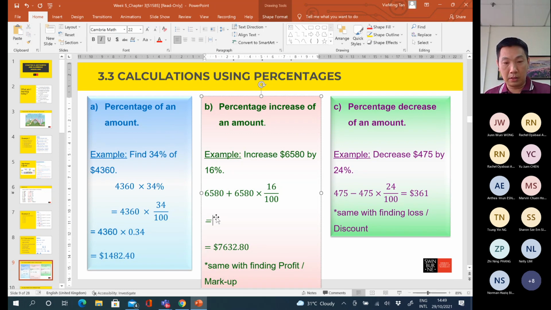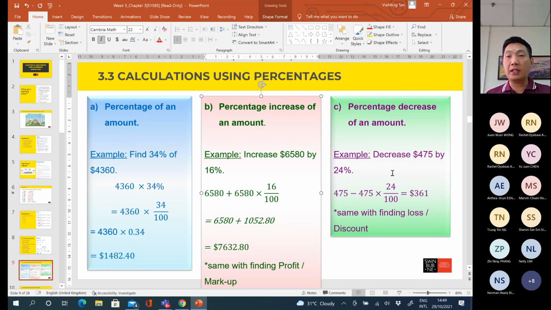So 6580 is the original number, plus the 16% will be 1052.8. So sum these two numbers, you'll get the final value due to this 16% increase.